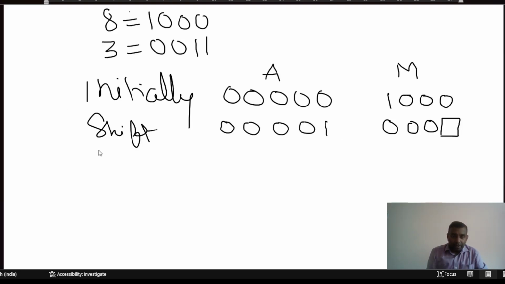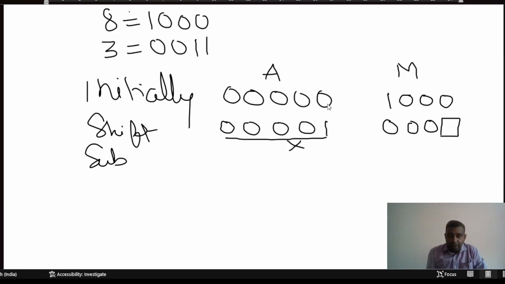The next step is subtract. How can we perform the subtract? Consider this as X, and from this X we need to subtract 3, that is our divisor.